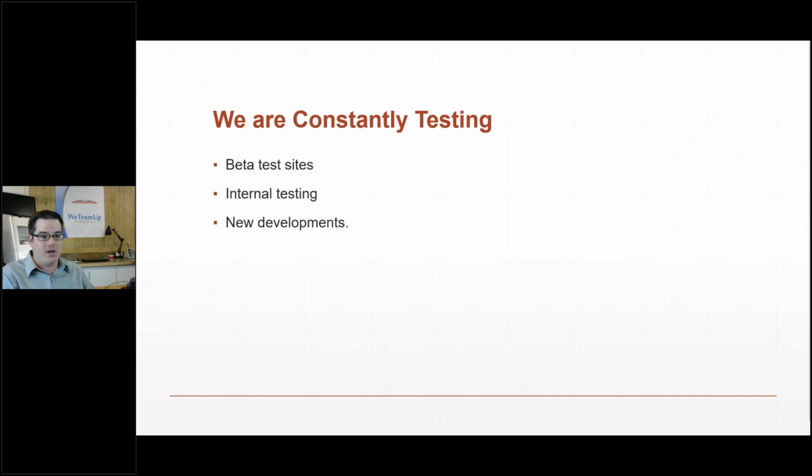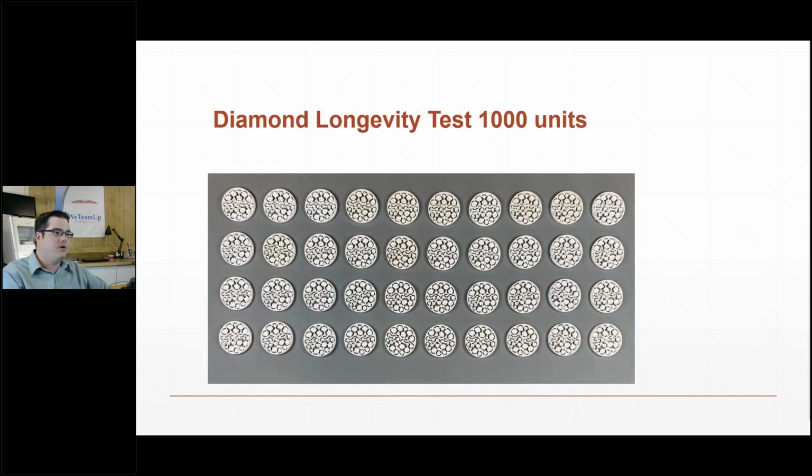And so we're constantly getting feedback on our tooling and development. And then we also do a lot of internal testing, and just recently ran an internal test where we took our nano die product and milled 1,000 units in zirconia. So I'll quickly run through what that test looked like.